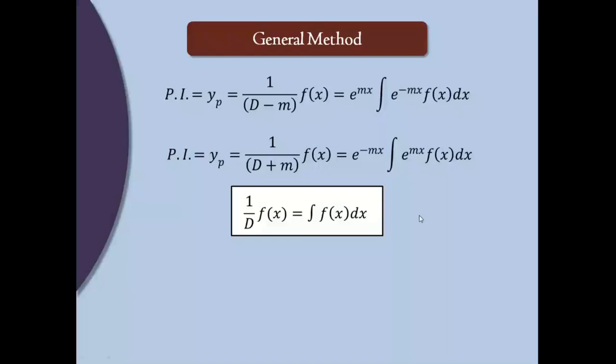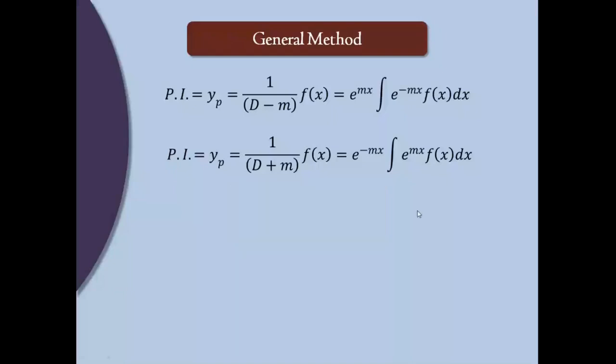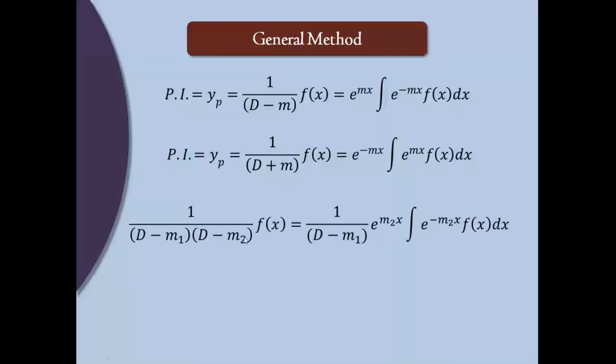Now, if we have two terms instead of a single term, a product of two terms, D minus m1 into D minus m2 f of x, either minus m1 or plus m1, then how to solve that? There are two different methods. One method is to apply any one bracket first by using the standard formulas, say D minus m2 on f of x. Using the formula, we get e raised to m2x integral e raised to minus m2x f of x dx.